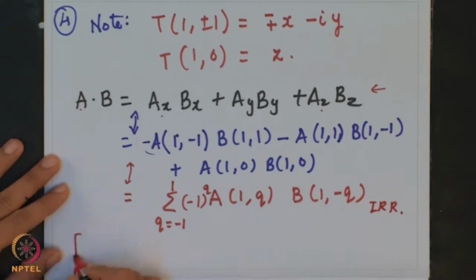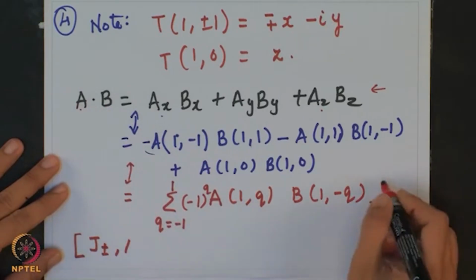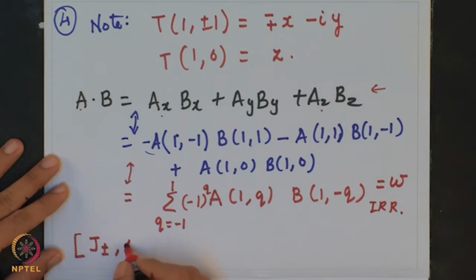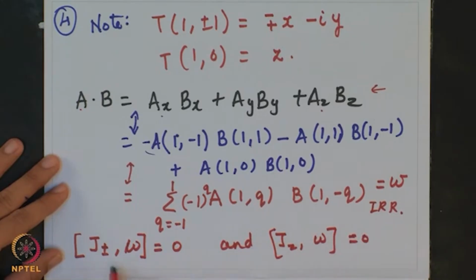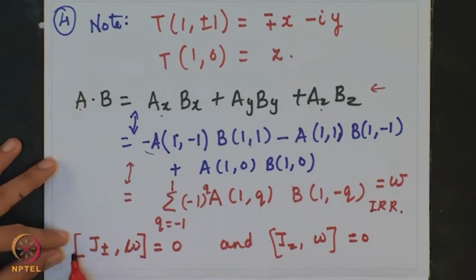And I give you a hint: this term in the expression in the question was called omega, right. If you can prove J plus minus omega is equal to 0 and Jz omega is equal to 0, then you are indirectly showing that omega is a scalar. So, when you have a commutator of an operator with a scalar, then it is always 0. This you know by notion.